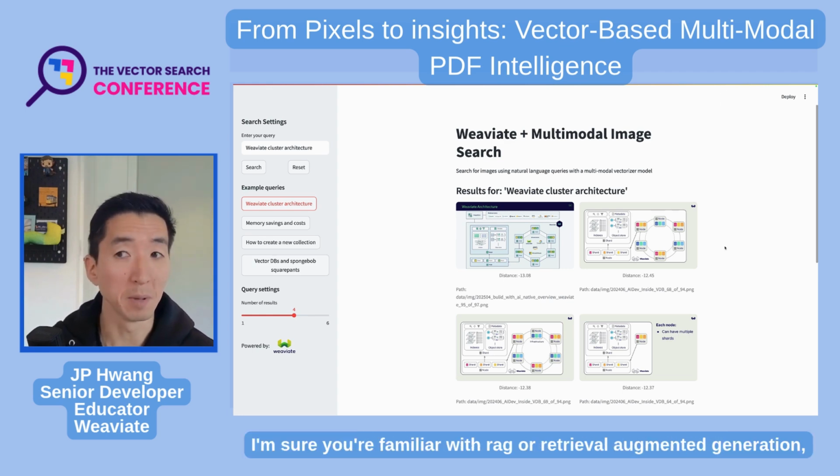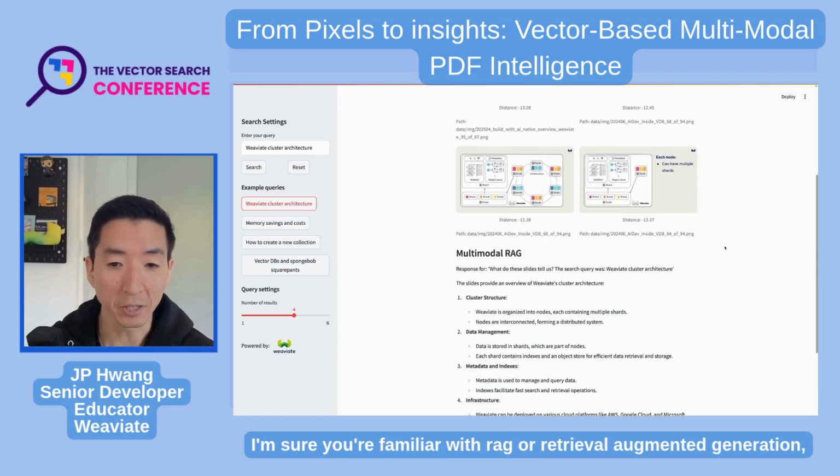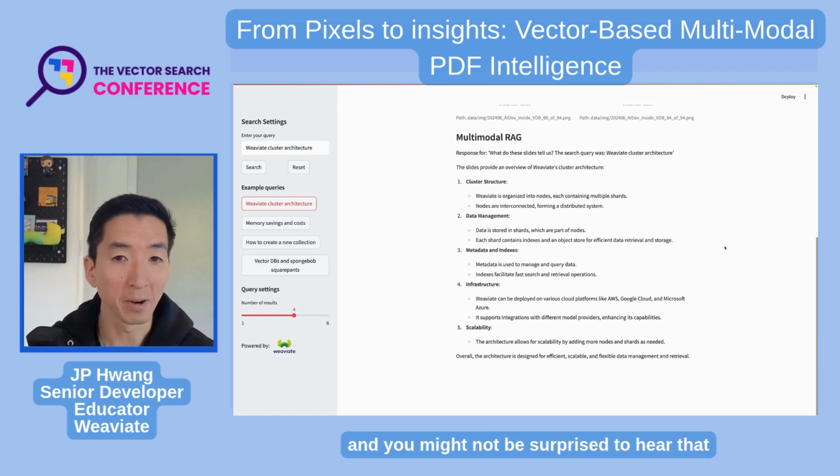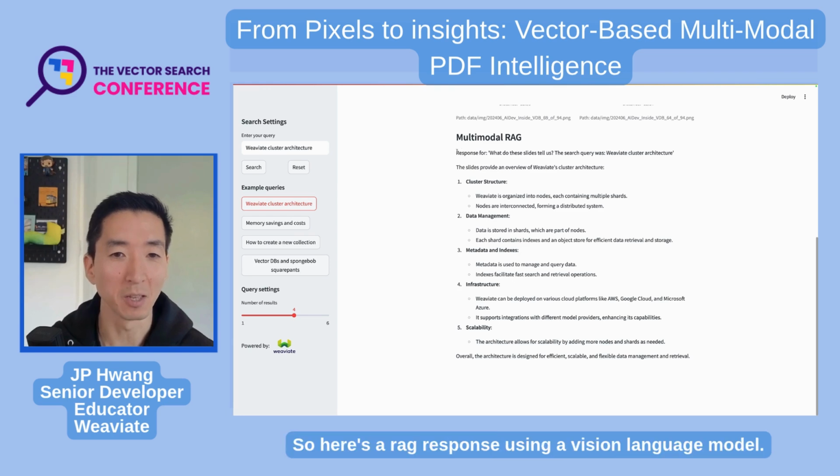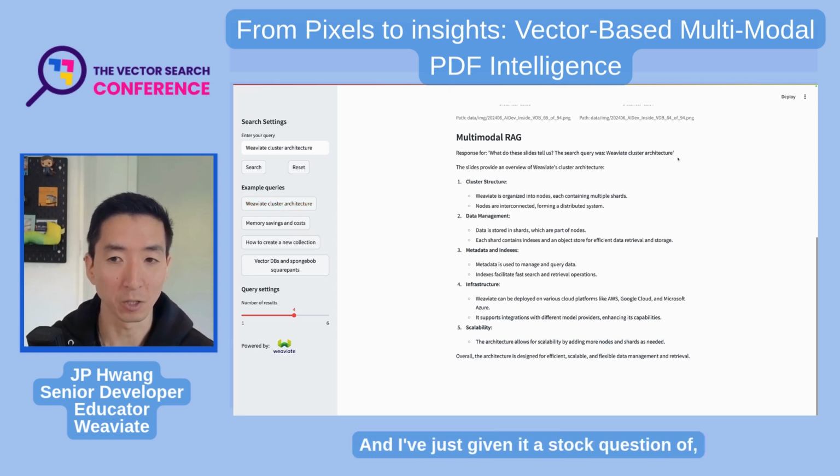Well, I'm sure you're familiar with RAG, or retrieval augmented generation. And you might not be surprised to hear that you can perform RAG with all of these images. So here's a RAG response using a vision language model. I've just given it a stock question of, what do these slides tell us? The user wanted to find out about Weaviate cluster architecture.